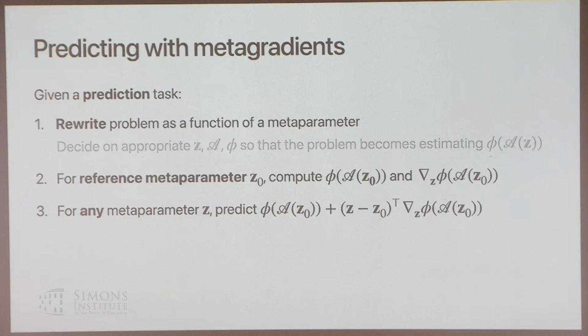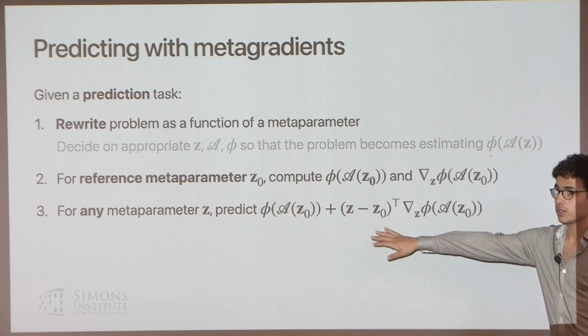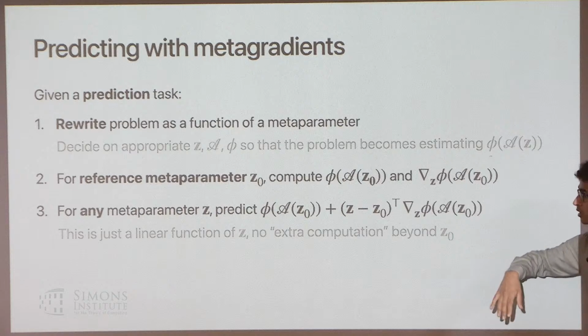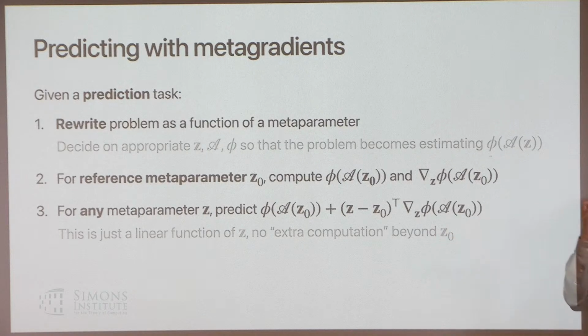And I'm going to predict what's going to happen on their meta-parameter using a Taylor approximation. So what does this look like? Just to answer a question from earlier, this satisfies the fastness criterion because I really only have to do one metagradient calculation at z0. Then for any other z, I'm just going to predict using this single metagradient that I've computed.